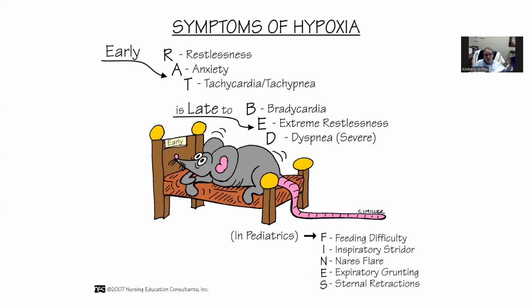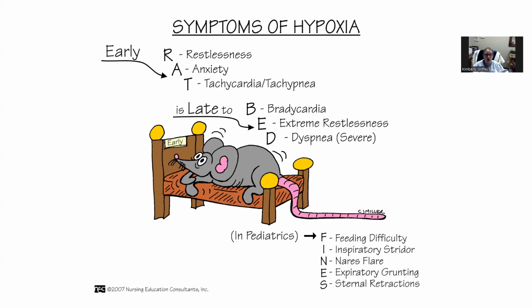With hypoxia, you remember that's just a decrease in oxygen. Early signs, your patient's going to be restless, very anxious, and tachycardic and tachypneic. Late signs, you're going to have bradycardia, extreme restlessness, and dyspnea.